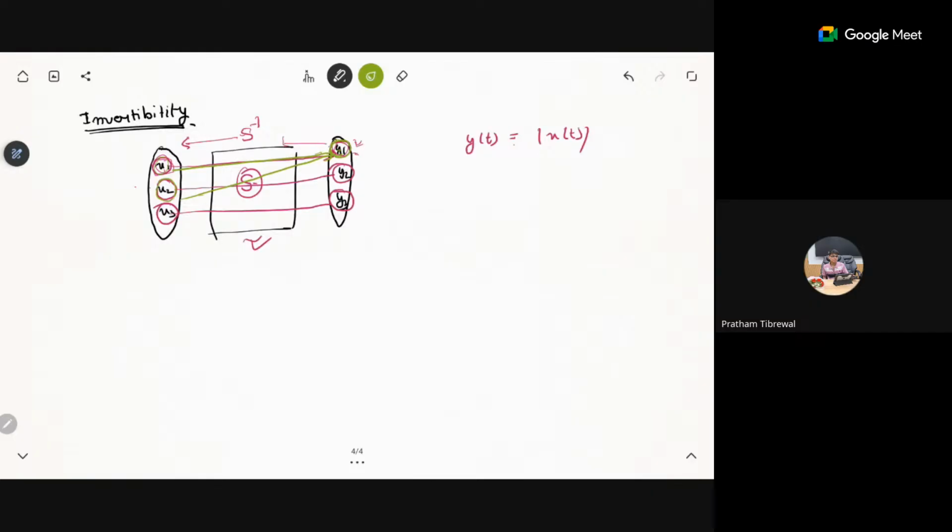Then when you invert, putting y1 into the inverse system, it will be confusing whether it will be x1 or x2, because both result in y1. Then you can't say, and the system becomes non-invertible.